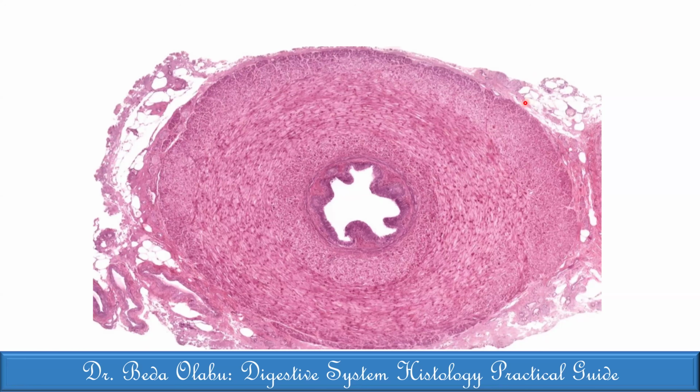Okay, I'm trying to put it all together. Now that you say the lumen is not that big, and you have muscular layers, what I'm thinking about is either the ectocervix or the vagina. Thank you.